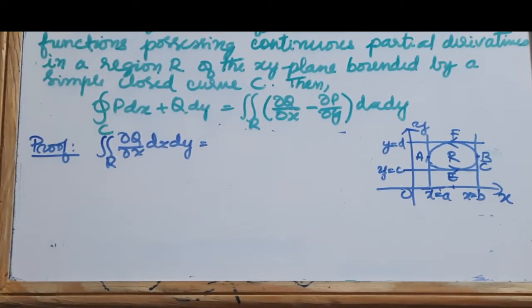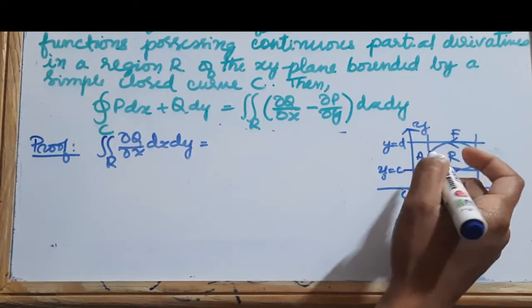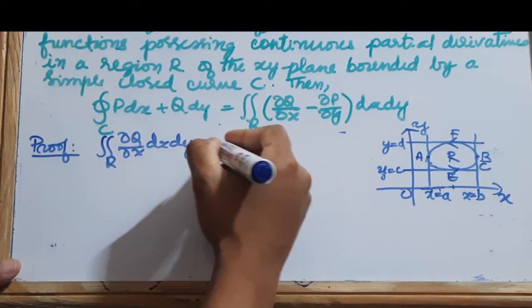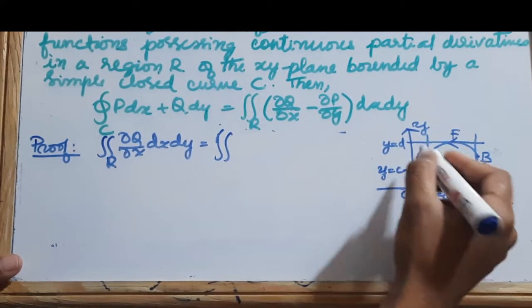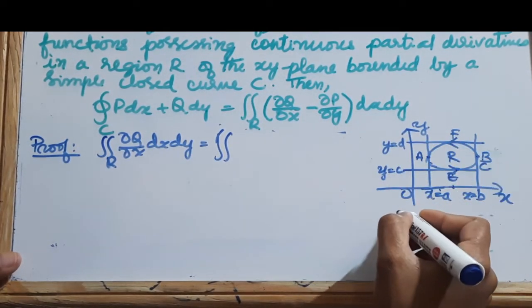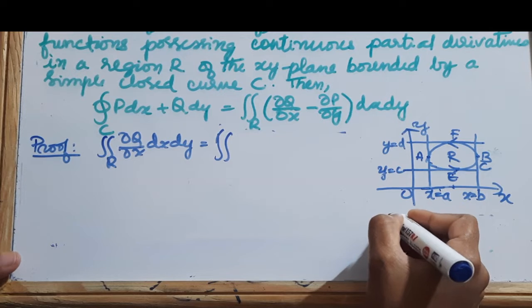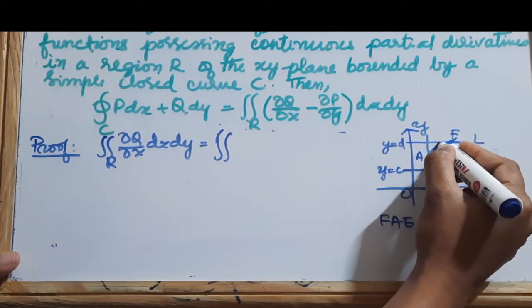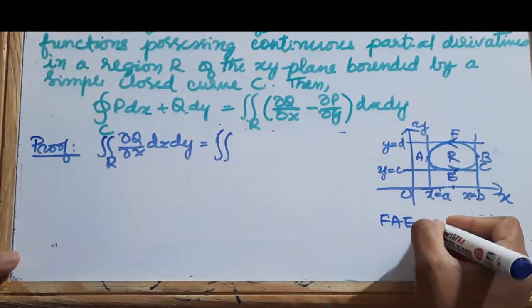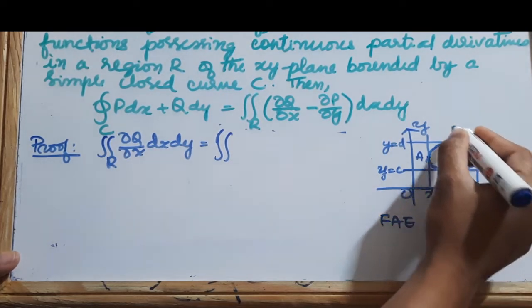So what I shall do is I will change this now. So let's do the region part now. I will divide the curve now into FAE, from this point to this point is the first part, and EBF.